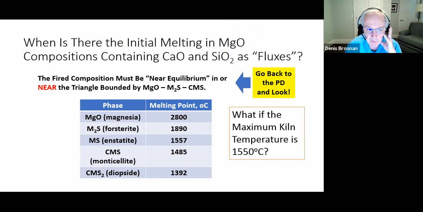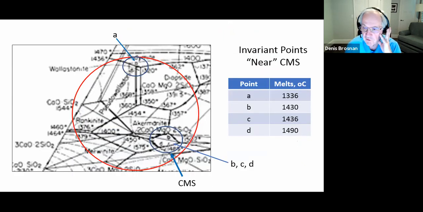So in order to understand this, we have to look at a section of the three-component diagram. Now you'll remember that the compatibility triangle that we were using before was extending from down here at MgO up to forsterite, over to monticellite, and back down. But I want to point out that this diagram, which I've magnified a lot, and it's a little bit fuzzy, and what you're looking at has other melting points, peritectics and eutectics.